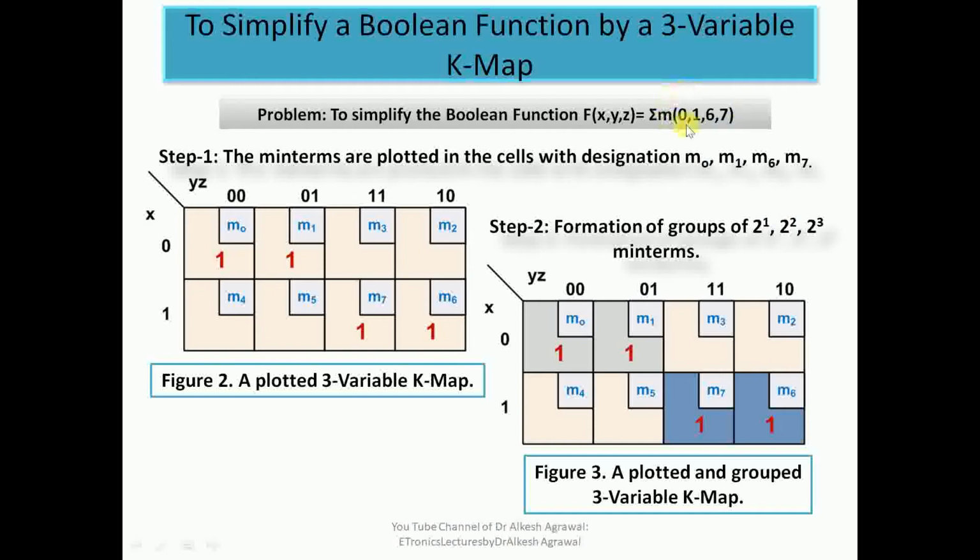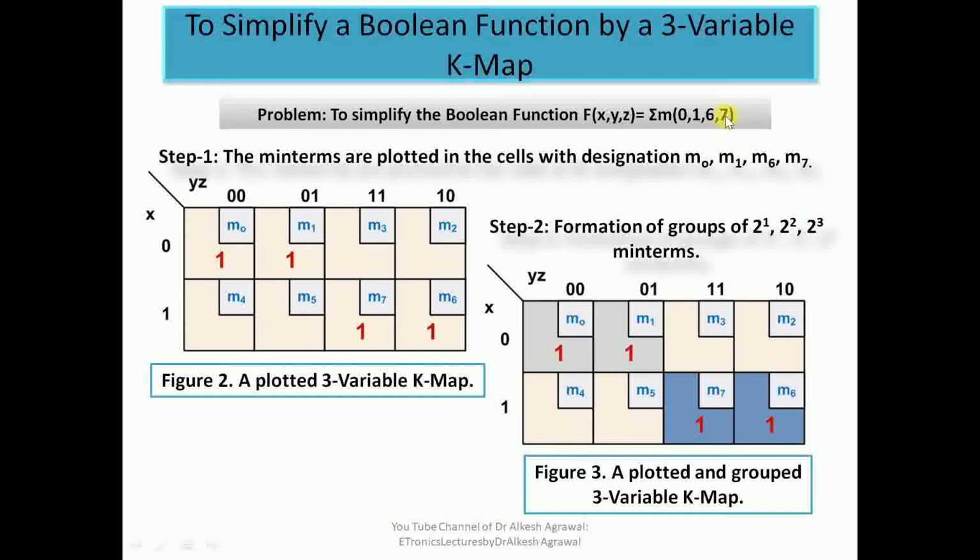First m0, so we plotted m0 in the first cell because this cell depicts m0 min term. Then second is m1, so we have placed 1 in this cell because this cell depicts min term m1. Then we plot 1 for m6 in this cell because this cell depicts m6.